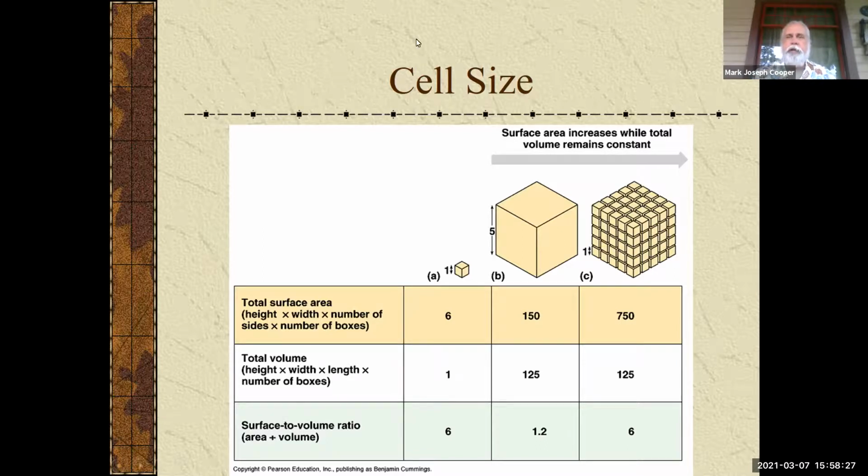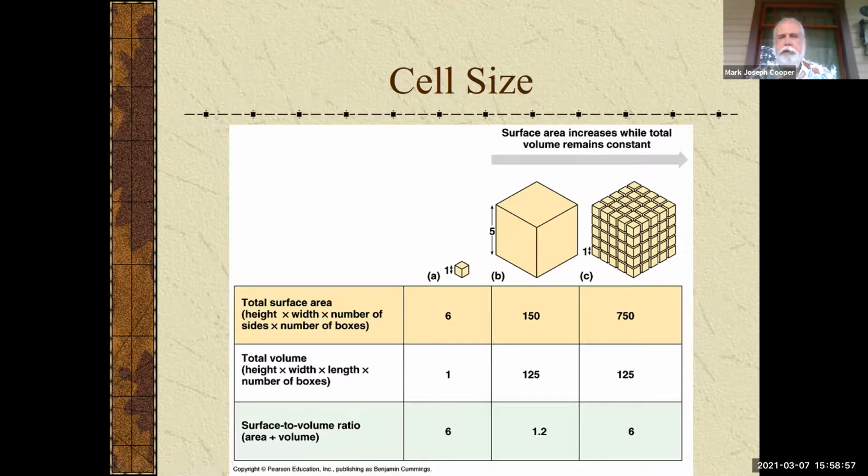The problem with that is things like diffusion, because we haven't really talked about this topic yet. To support this cell, things have to diffuse across, and you have to have some kind of gradient. On something this small, that's real easy. But on something bigger, it makes it very hard to get stuff into the middle of the cell to keep it alive, because you have to set up gradients. So that will limit the size things can get.